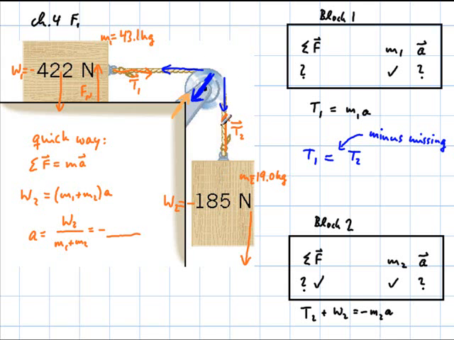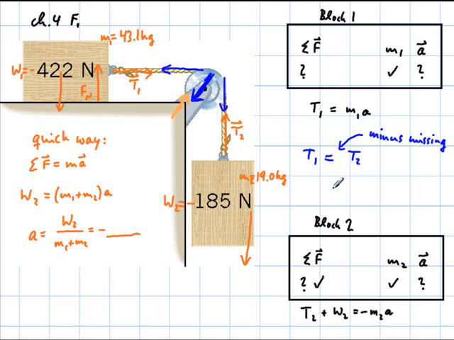Imagine if you took this entire block and you put it horizontal, and now you pulled it in the horizontal. Well, then T2 would be pointing to the left, and truly would be equal and opposite to T1. And I keep repeating myself, it's the pulley's fault that is redirecting those tensions, and therefore introducing a kind of strange looking Newton's third law.